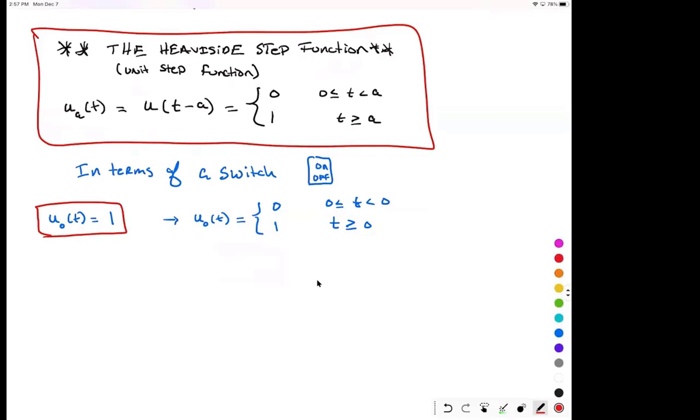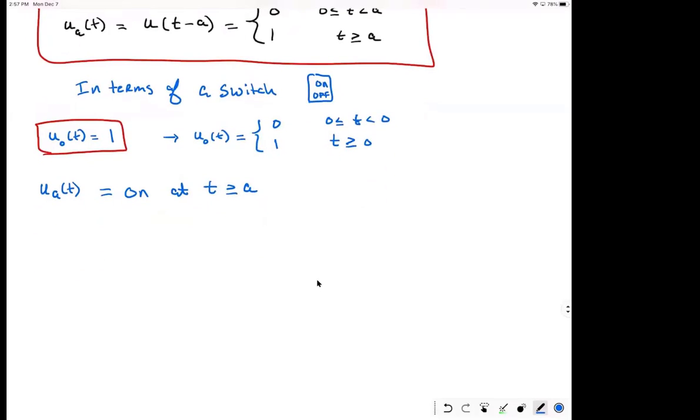And then the next thing is this u sub a of t. We're going to call this on at t bigger than or equal to a. And so this would be the on function.